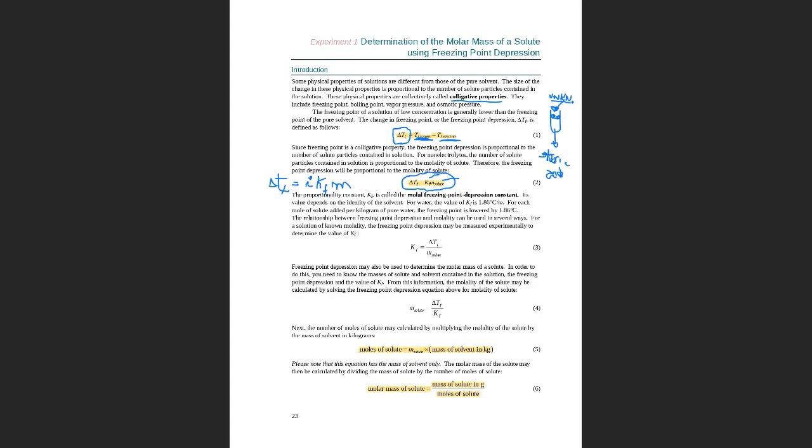As I just said, this i is called the van 't Hoff factor, and basically all it does is count the number of particles. And m, we said, is the molality, the number of moles per kilogram of solvent. So in this experiment, you are going to use this formula, and the whole experiment is about calculating the molar mass of an unknown. How are we going to do that?